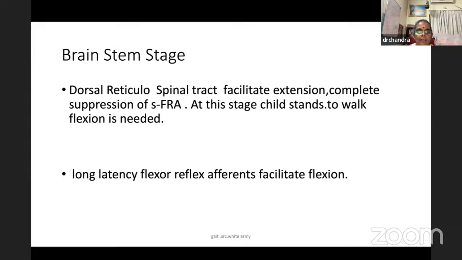So now you get the long latency flexor reflex afferent, that is the corticospinal tract. That will co-activate along with the dorsal reticulospinal tract. So in one phase, extension will be there, and in another phase, flexion will be there. Extension through the dorsal reticulospinal tract and flexion through the long latency flexor reflex afferents.